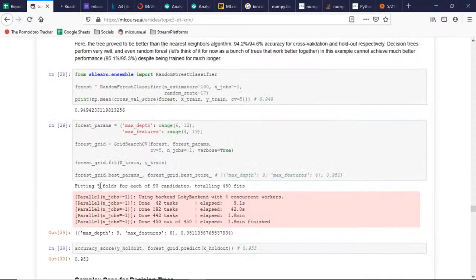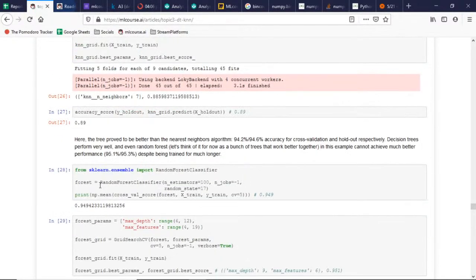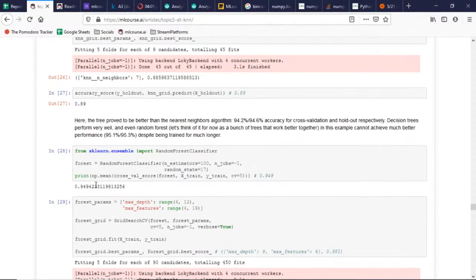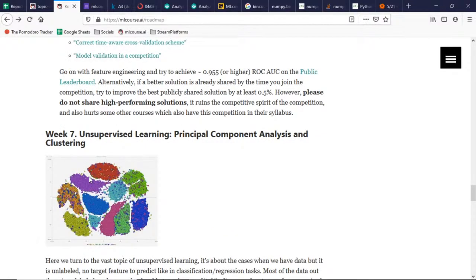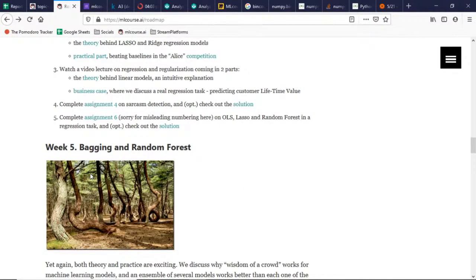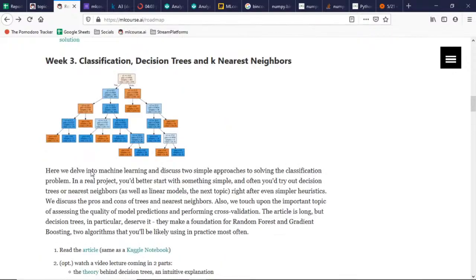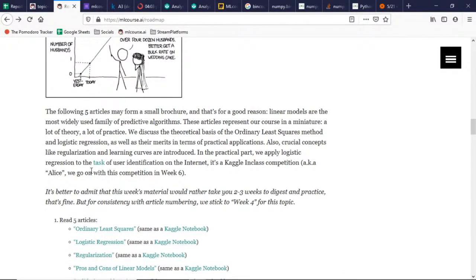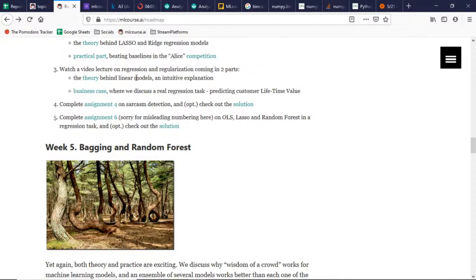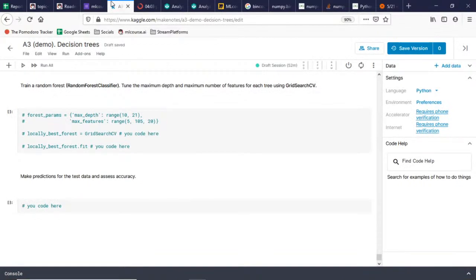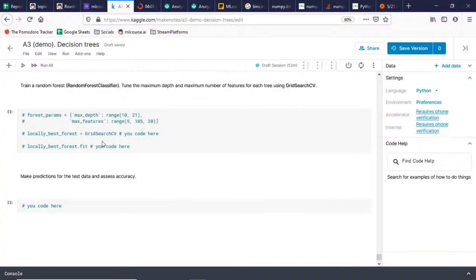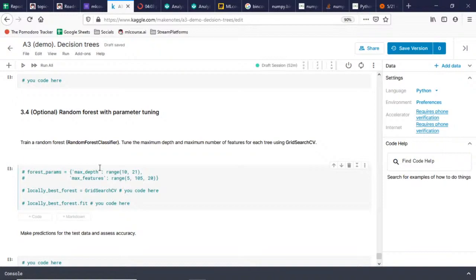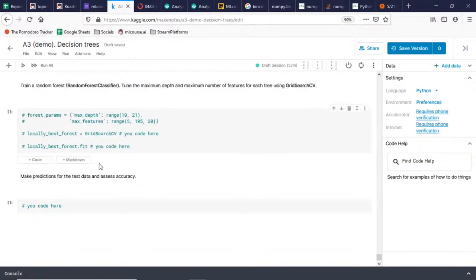Did we have random forest? Yeah, if we will have it further on, I will skip this. I think we have random forests further on, so I don't want to do it. I just don't know what random forest is.